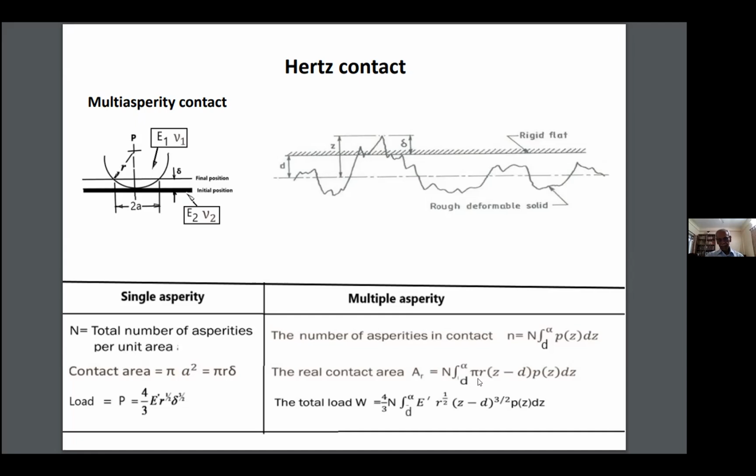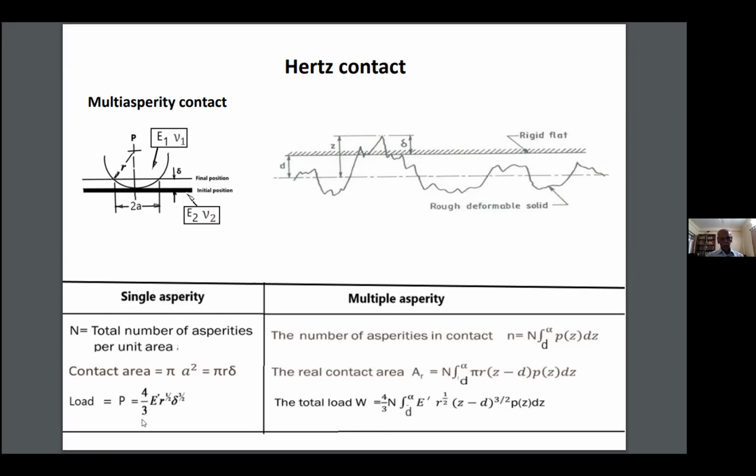And this is the total dispersion of the asperity area. Okay, so from single asperity to multi-asperity, we simply integrate this with respect to Z, including the probability density function Pz dz.